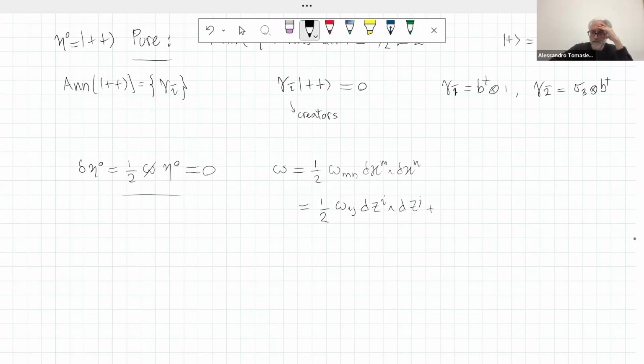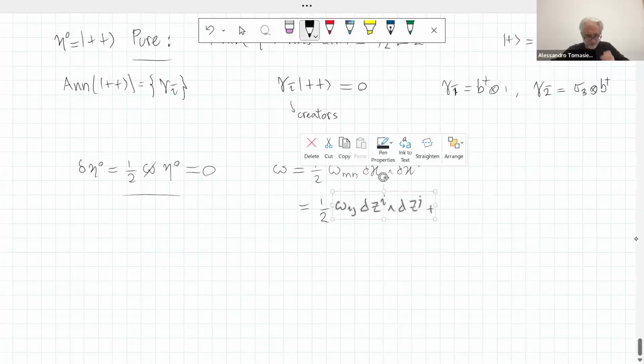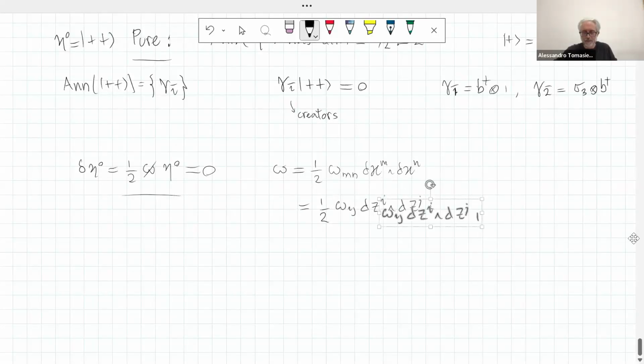It would be like this, plus just the complex conjugate of this. So there will be a case with all holomorphic indices, a case with anti-holomorphic indices.